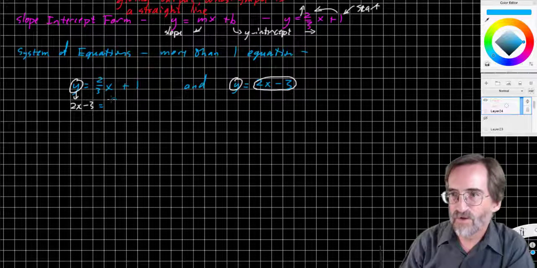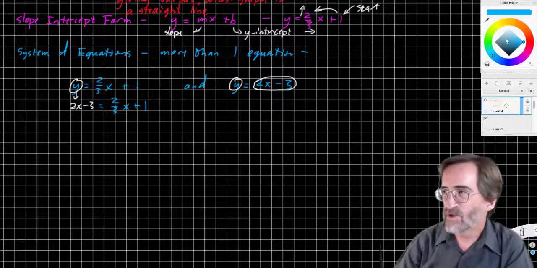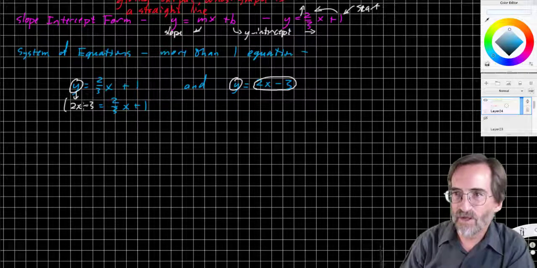We end up with 2/3 x plus 1. I'm going to get rid of the fraction by multiplying everything by the denominator 3, right here. So multiply by 3 by distributing.